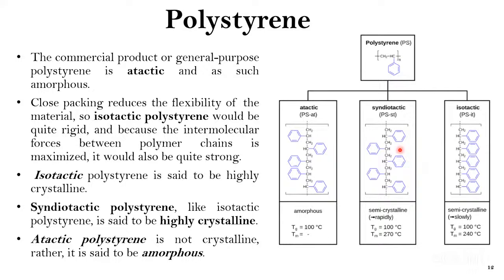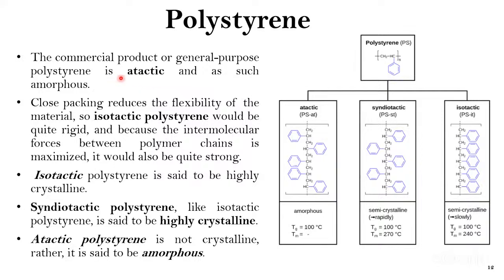Okay? And if they are semi-crystalline in nature, then you can see your melting point can be a little bit increased. So whatever the commercial product that we get over here, the commercial product of polystyrene, they are generally composed of atactic. Okay.